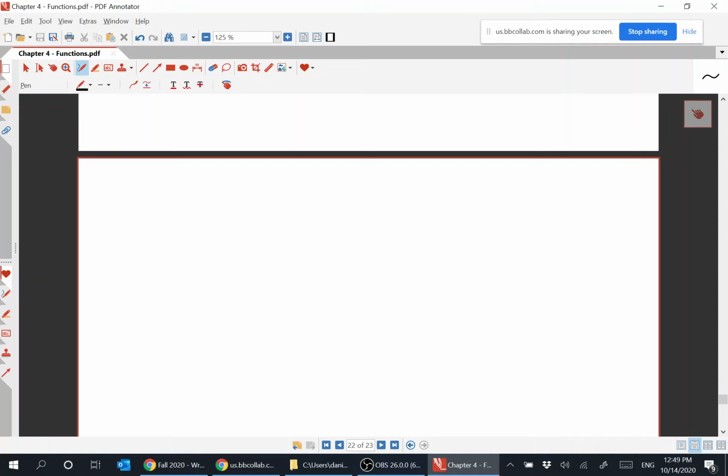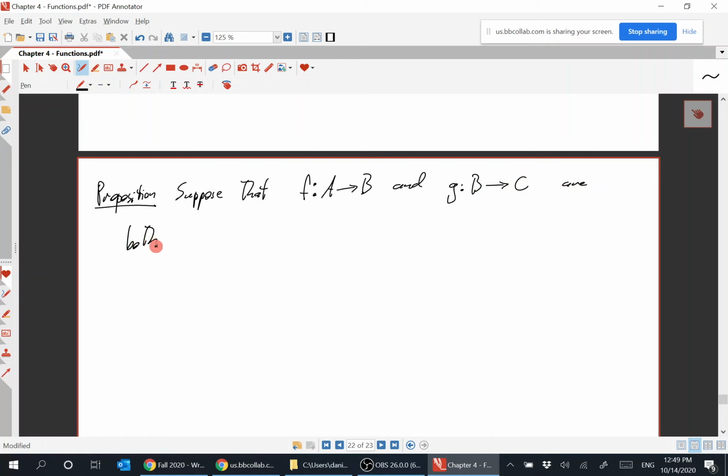Let's prove the following. Suppose that f from A to B and g from B to C are both injective functions.